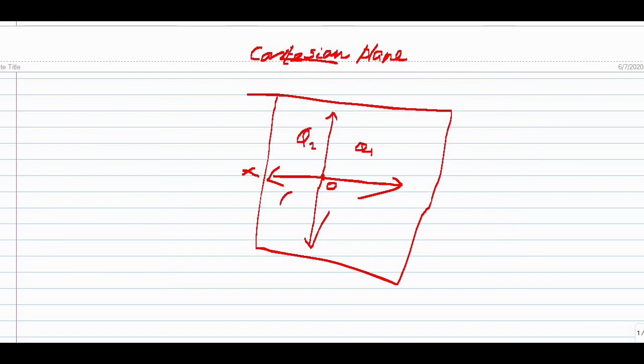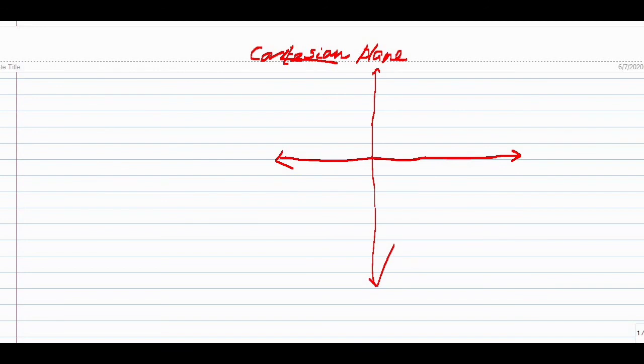They meet at the origin, and so the four quadrants formed are Q1, Q2, Q3, and Q4. So a plane which consists of all these details is named as a Cartesian plane.